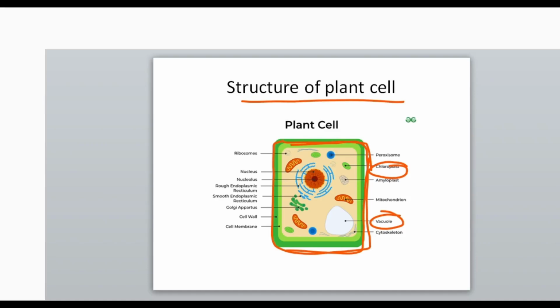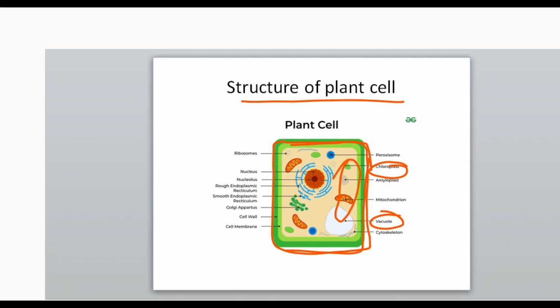You can remember that in the animal cell we have what? The centriole or centrosome, which is not found here. So the plant cell has a large vacuole. In some cases, you find that the vacuole is usually centrally located, where the nucleus is pushed to one side in some cells.